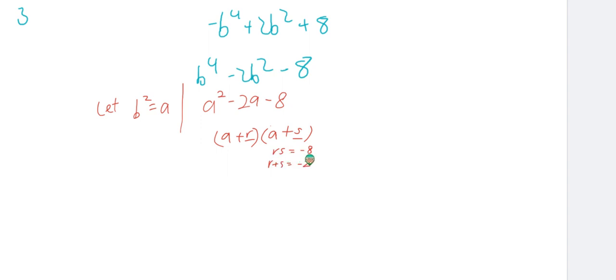We look at 8, which can be written 1 times 8, 2 times 4, and no more. The negative 8 means that we should choose one side to put the negative. So these are the possible pairs of r and s.